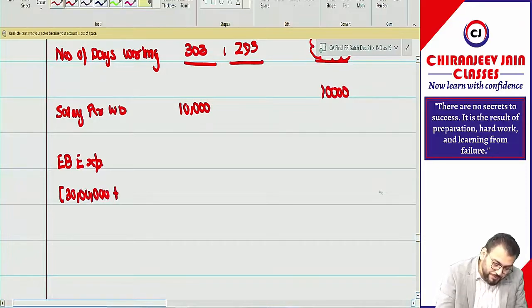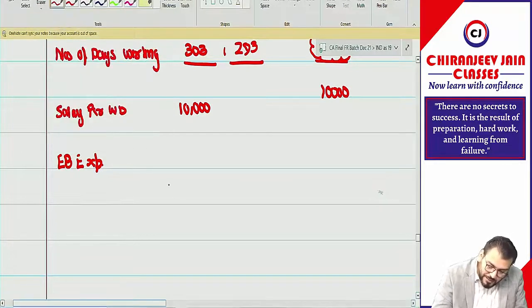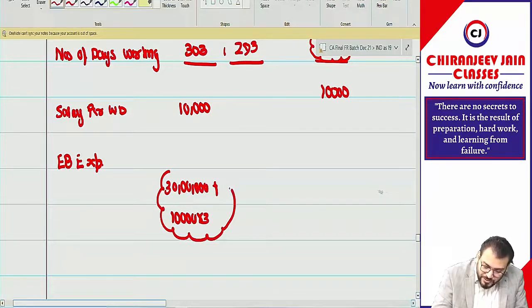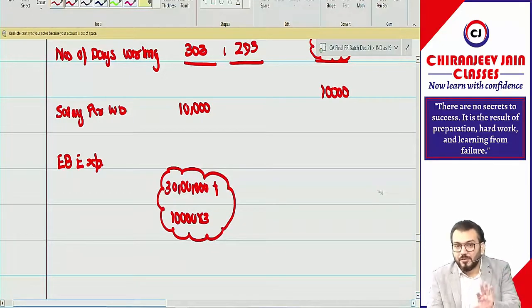It should be 30 lakh plus 10,000 into 3, a provision for 3 days, because the probability of availment is 100%.